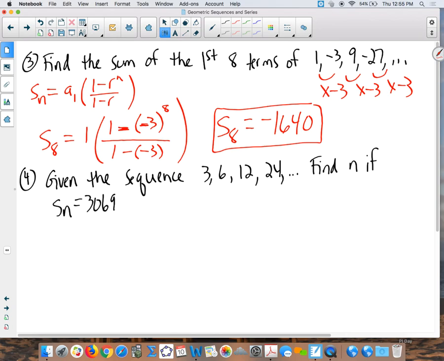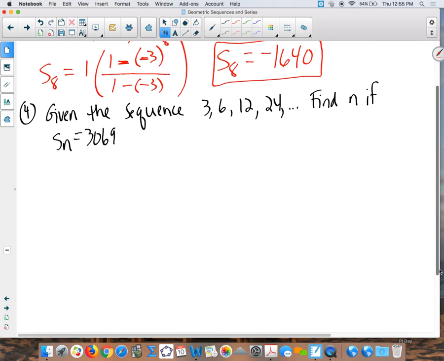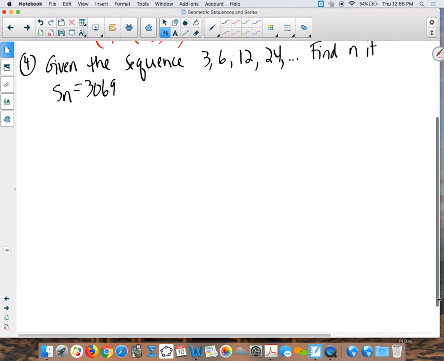All right, last example here. We're looking at a sequence, and I'm asking you to find n this time, and I'm giving you the sum. So let's look at what we've got here. Here's our formula, right? S sub n equals a sub 1 times 1 minus r to the n over 1 minus r.